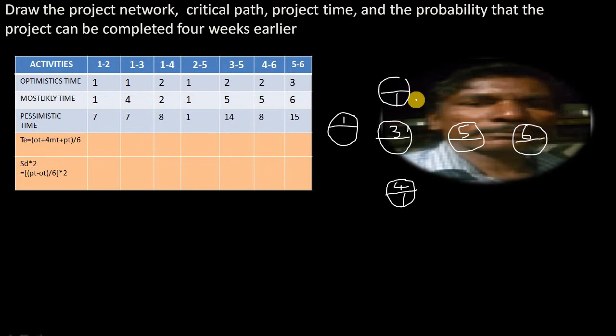Now look at the problem given. The first event is connected to the second event, the first event is connected to the third event, and the first event is connected to the fourth event. Then 2 is connected to 5. Where is 2? Here.